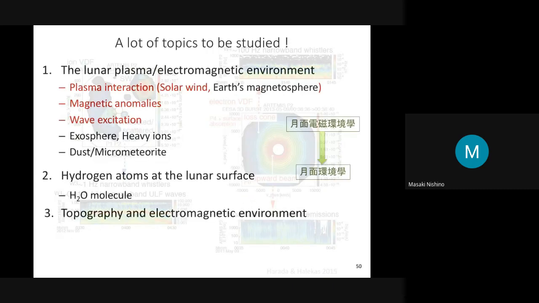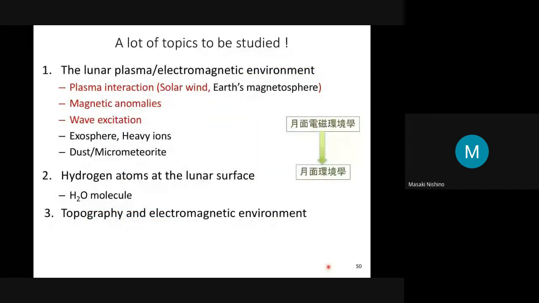I will stop my talk here. I briefly talked about the direct interaction of the lunar surface and incident solar wind, including magnetic anomaly interaction, wave excitation and wake formation.